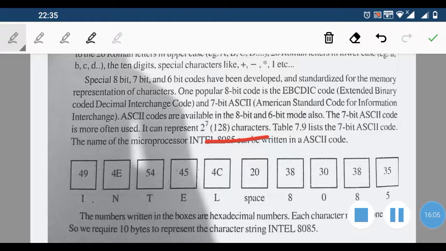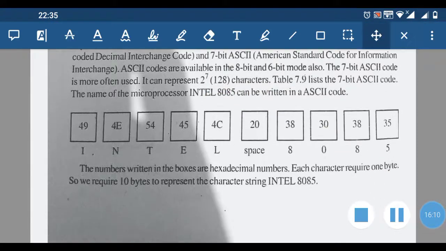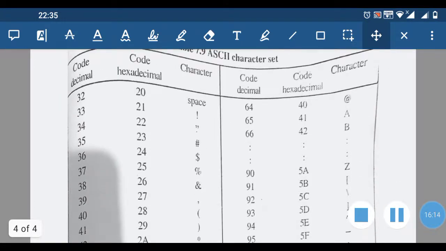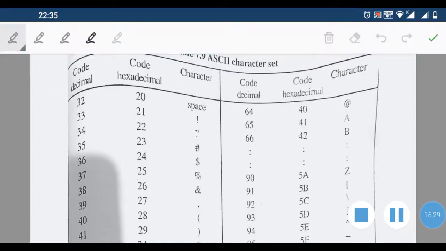In the figure below we have a list of characters used in ASCII code. You can see the characters. Suppose we have to represent a space in between. The hexadecimal code is 20, and the corresponding decimal code is 32.